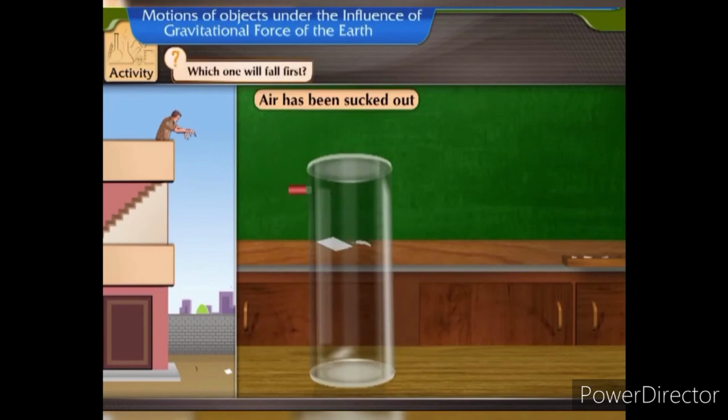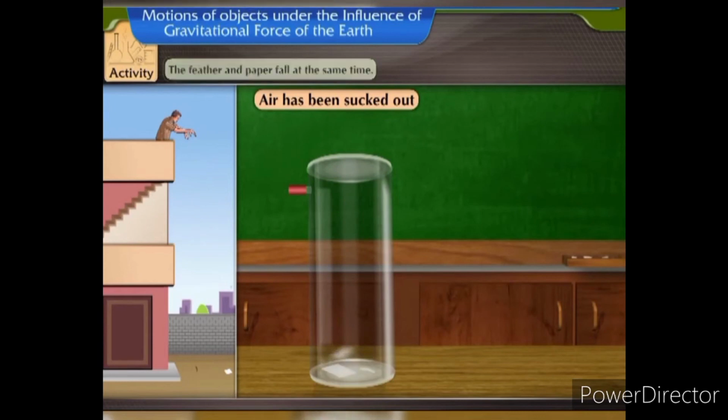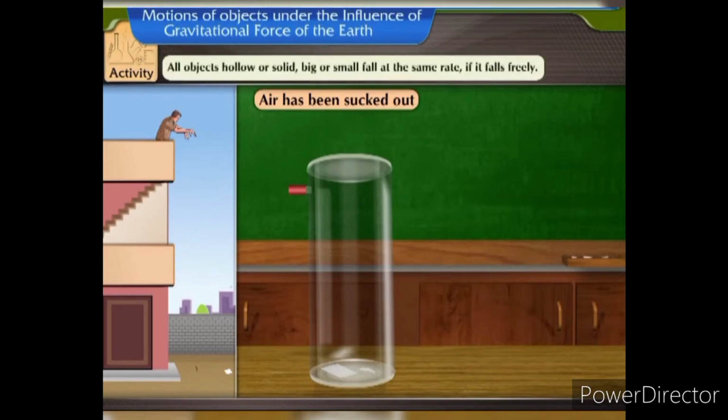Now which one will fall first? The feather and the paper fall at the same time. What can we understand from the above activities? All objects, hollow or solid, big or small, fall at the same rate if they fall freely.